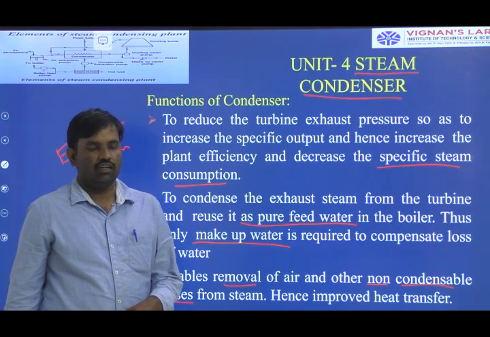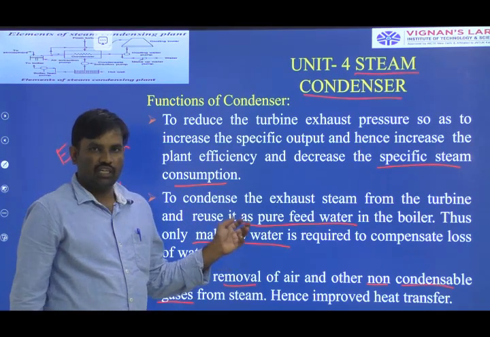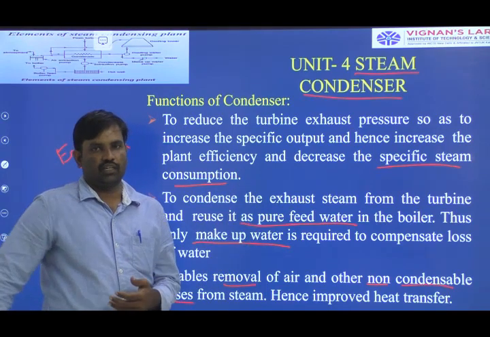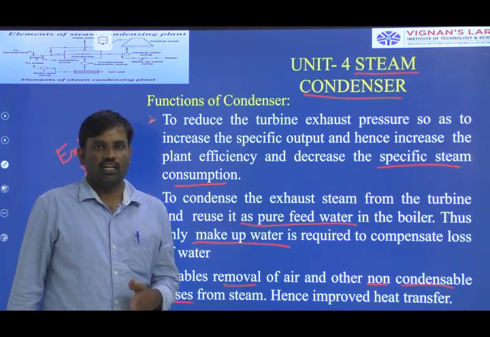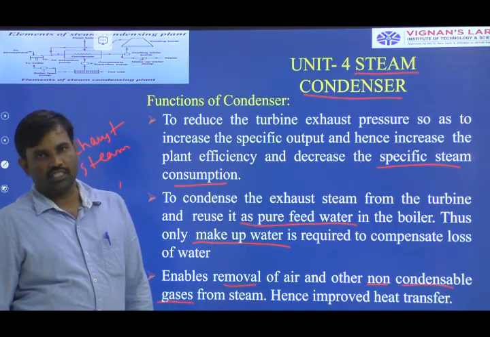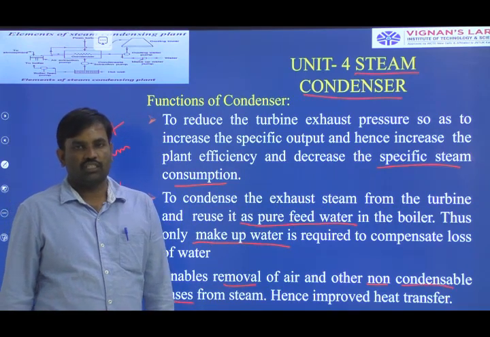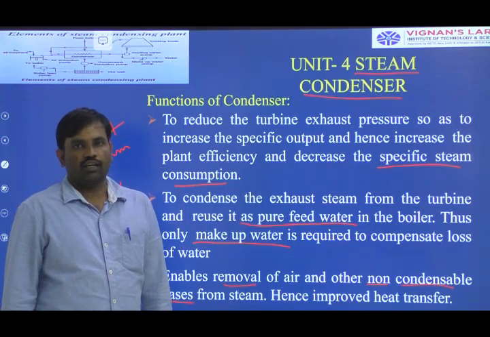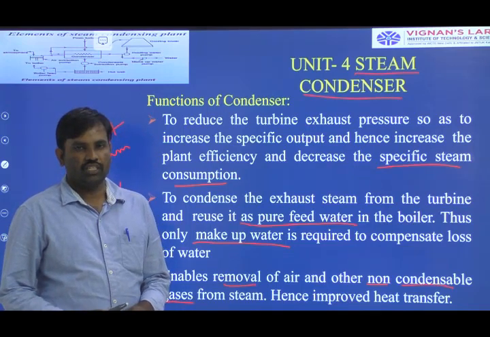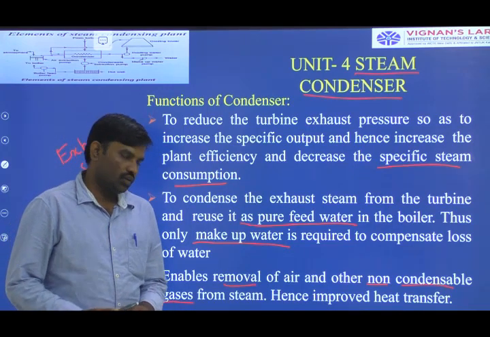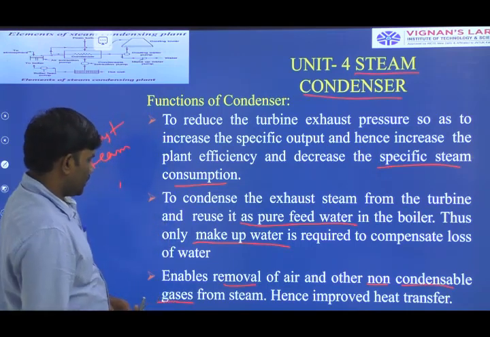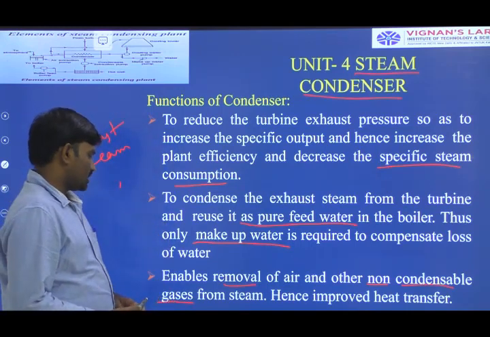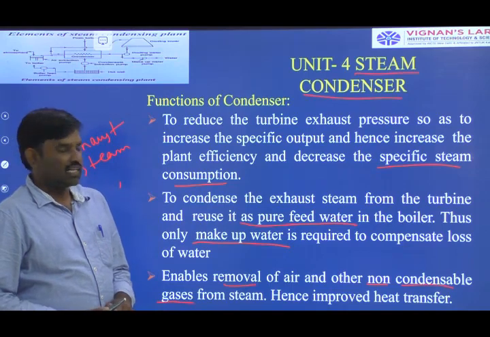After condensation, we are not completely converting the exhaust steam into water. That would be possible only with a 100% efficient condenser, and practically we do not have 100% efficient condensers. So we remove the air and non-condensable gases in the condensation process.